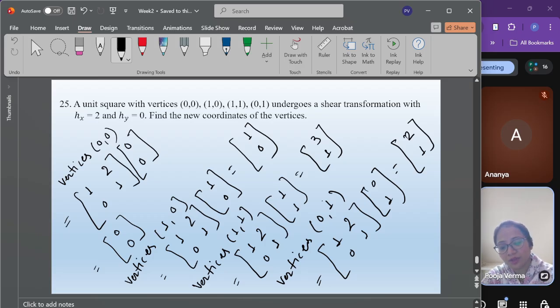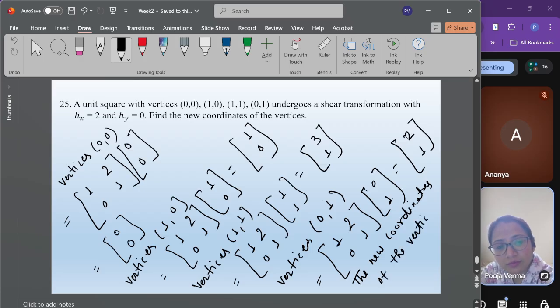So these are the 4 new coordinates for each vertex. So the new coordinates of the vertices are: first one is 0 0, next one is 1 0, that is the same, the third one is 3 1, and the last one is 2 1.